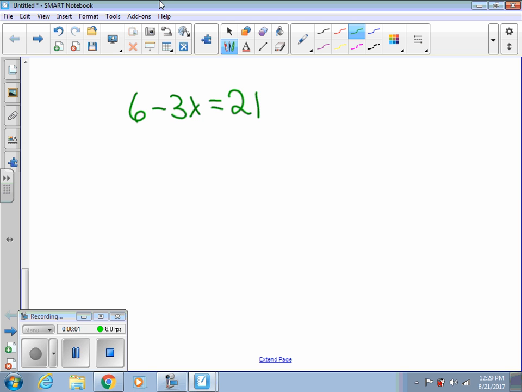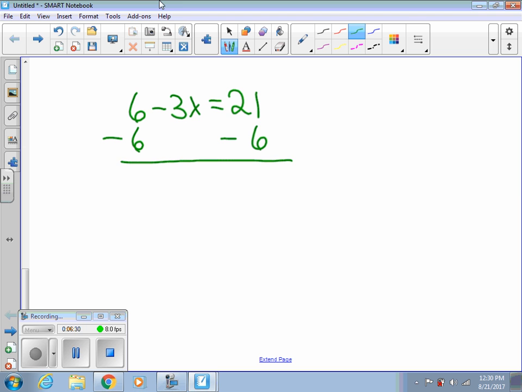Really? BJ. It's positive. A lot of students will look at this and think it's a negative 6 because of the minus after it. That belongs to whatever's after the minus, okay? So it's a positive 6, and if I want to get rid of a positive 6, what do I have to do to both sides of the equation? Good. We're going to subtract 6.